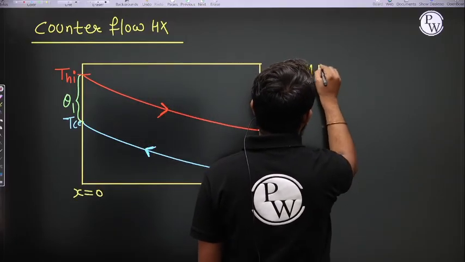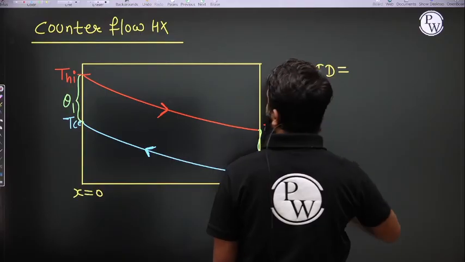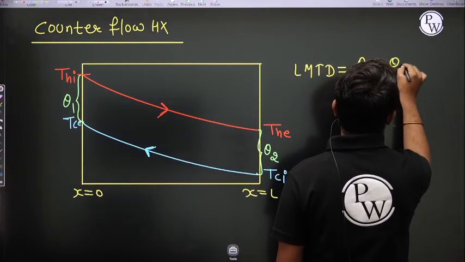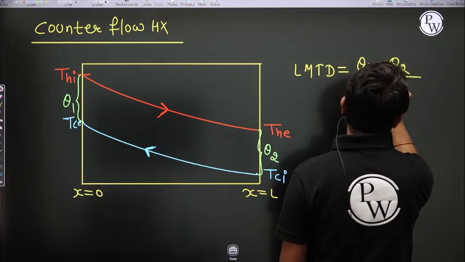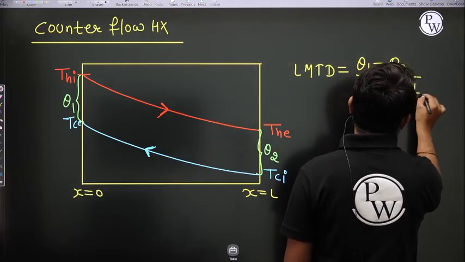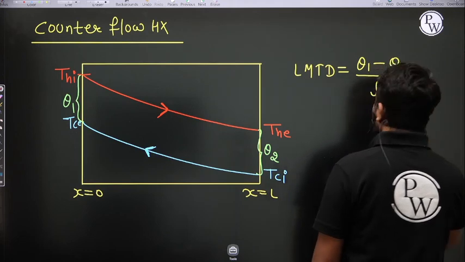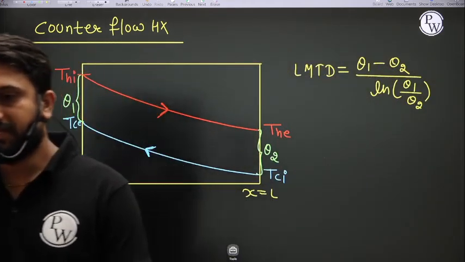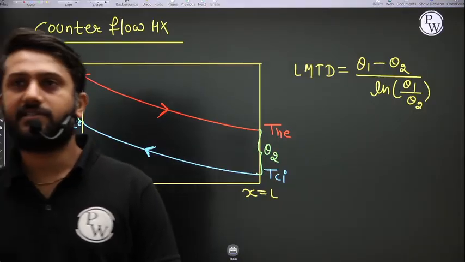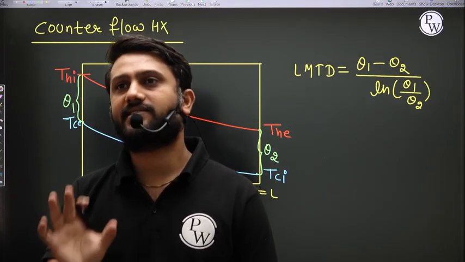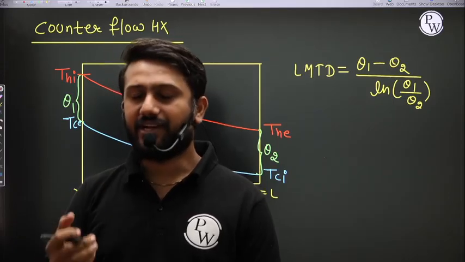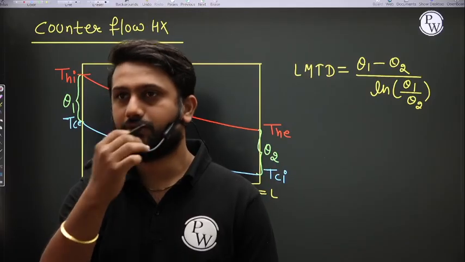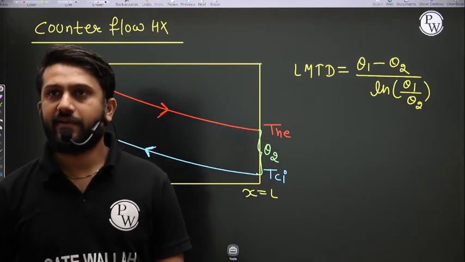LMTD, logarithmic mean temperature difference, is theta 1 minus theta 2 divided by natural log theta 1 by theta 2. Please try to understand that theta 1 is the temperature difference of the hot fluid and the cold fluid at x is equal to 0, whereas theta 2 is the temperature difference between the hot fluid and the cold fluid at x is equal to L. Is it fine?